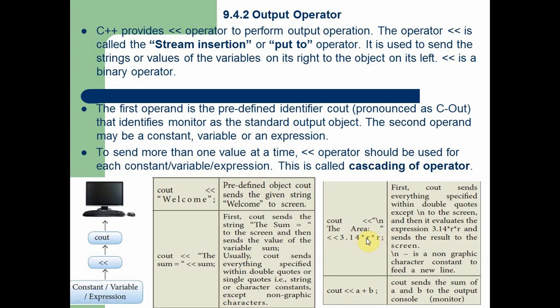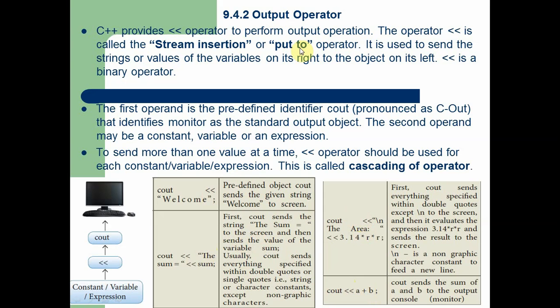So the pi r square value is calculated and sent to cout. So cout sends all the data to the monitor. Here you can see there is only one expression, a plus b, and after executing this expression the net result is sent to cout by this put-to operator. So all the data are transferred to cout using the put-to operator.